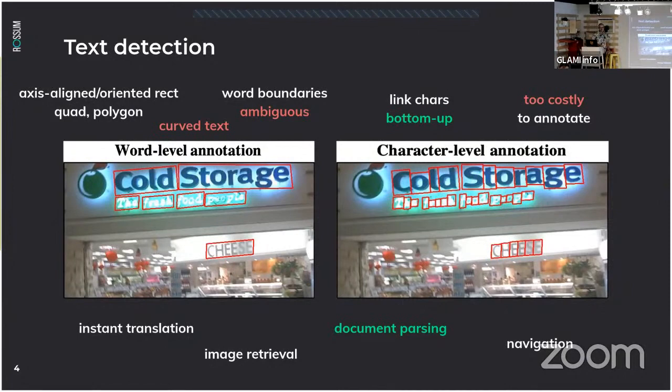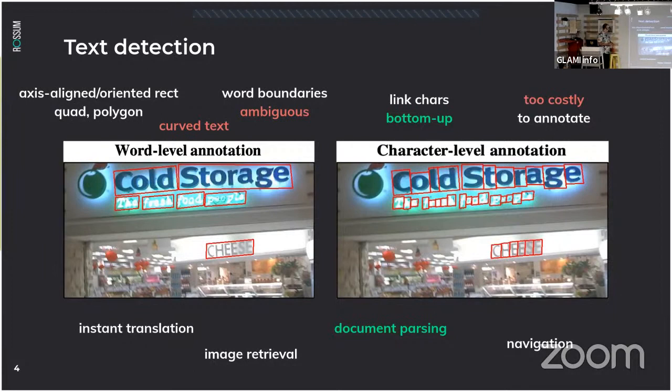So let's first start with the problem of text detection. So we have an image, and on that image there is some text, and we want to find where the text is located. And now the thing is how to represent the text. So there are different ways how to annotate the text so that we can train, evaluate, and so on.